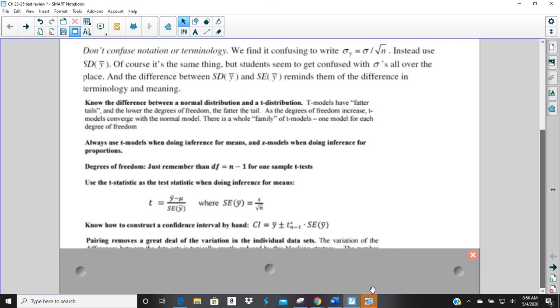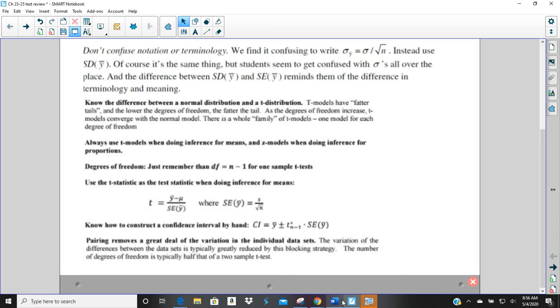Then we have our confidence intervals, and finally pairing. We have three types of calculations we're going to be doing: one sample, two sample, and pairing. The difference between pairing and two sample is that two sample are two completely independent groups.